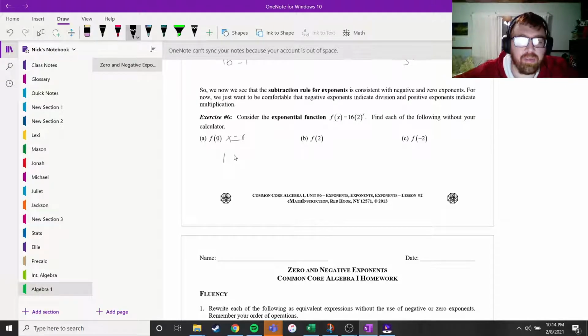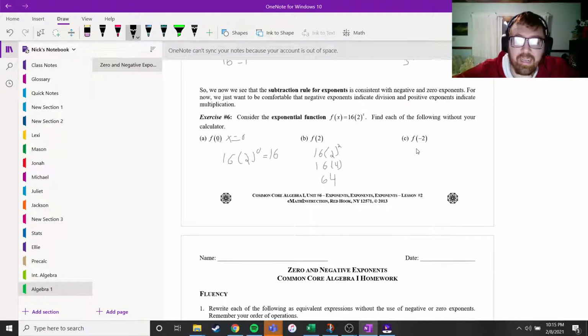So here we would have 16 times 2 to the 0th power, which is equal to just 16, right? 16 times 1. If we plug 2 in here, we would have 16 times 2 to the 2nd power, 16 times 4, 64.